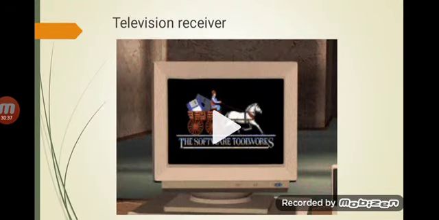Now this is how it works, where there will be 3 sets of guns available at the receiving side in the television set, and those electron guns will emit electrons which strike the phosphor screen at the display end, just before the display, beside the glass.